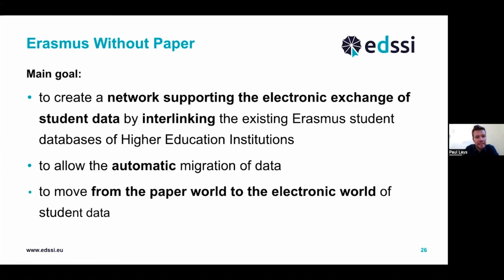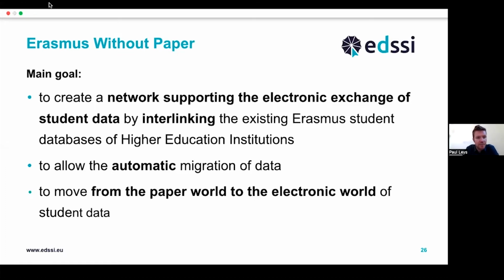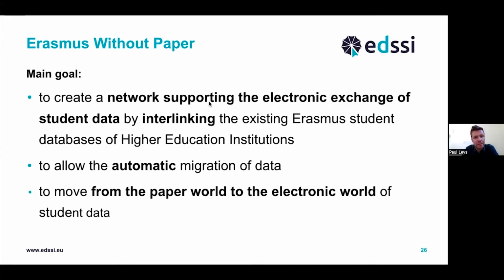So that's the idea, that universities, higher education institutions can keep using the tools that they have available to manage their mobilities, but that we connect those tools in order to have a fully digital process.